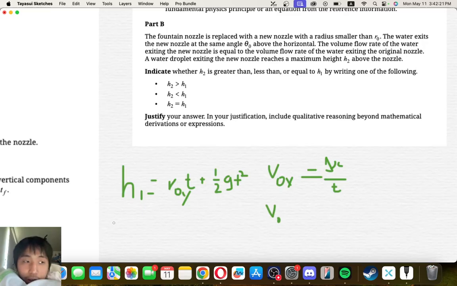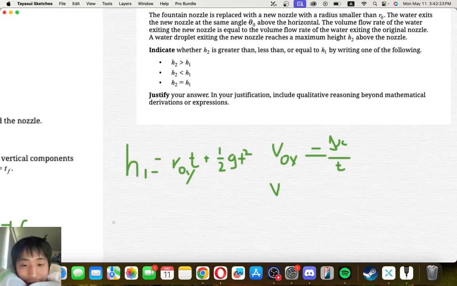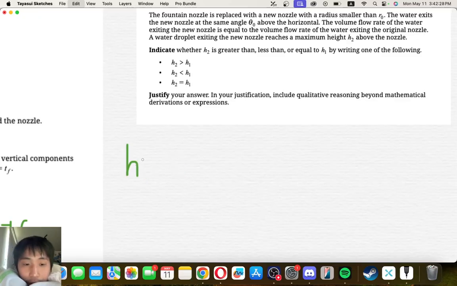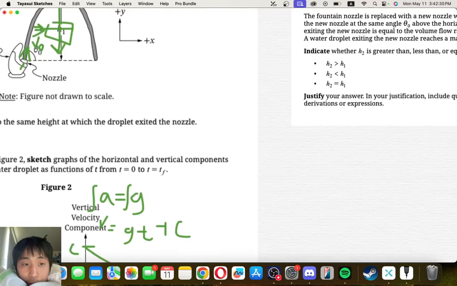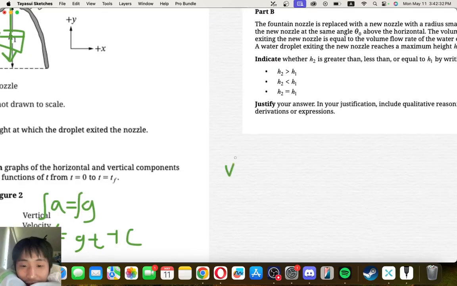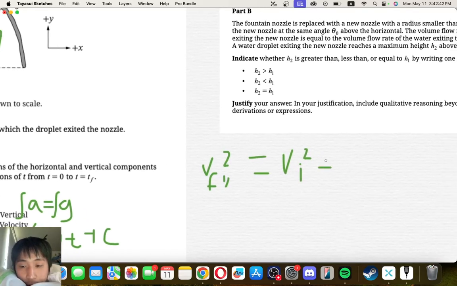Oh wait. Oh shoot, I'm stupid. I've been doing this for no reason. Okay. Wait. Or am I? Oh yeah. I'm actually dumb. I should have been using this one. Oopsie daisies. That's what happens when you don't do physics for a long time.